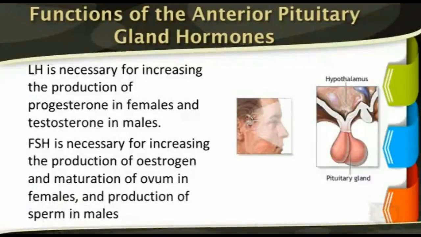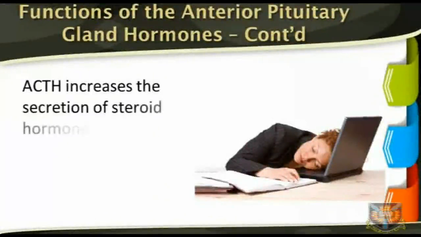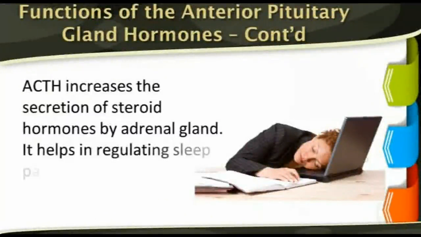The FSH is a gonadotropic hormone necessary for increasing the production of estrogen and maturation of ovum in females and production of sperm in males. The ACTH increases the secretion of steroid hormones by adrenal gland. It helps in regulating sleep patterns.